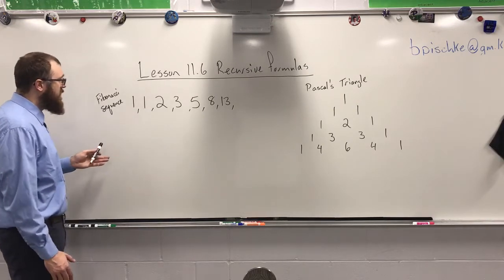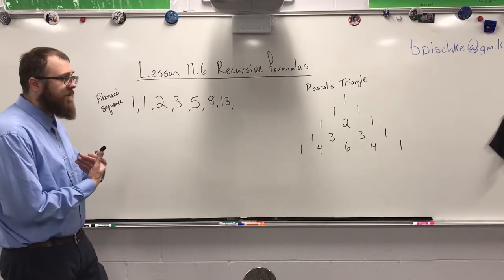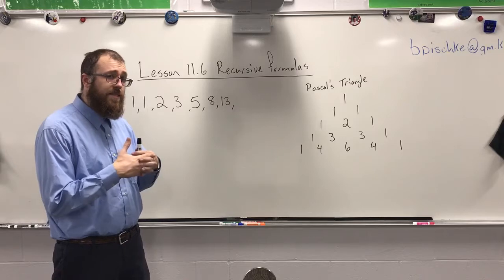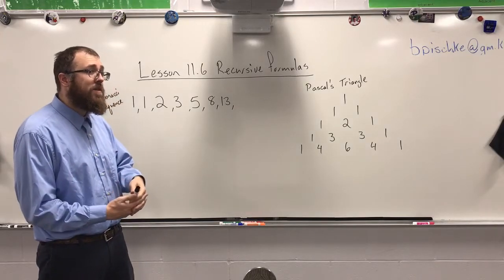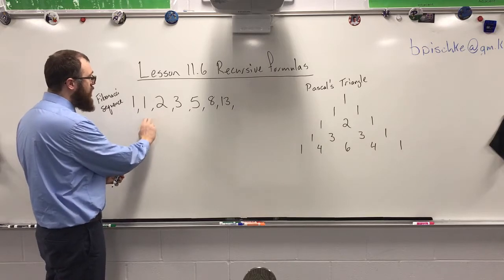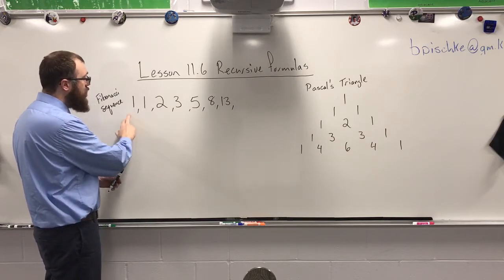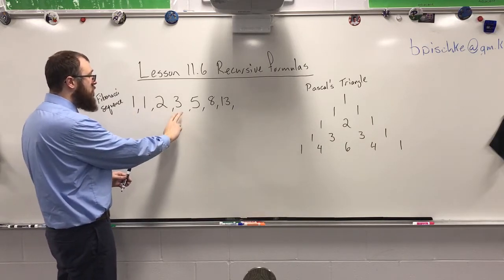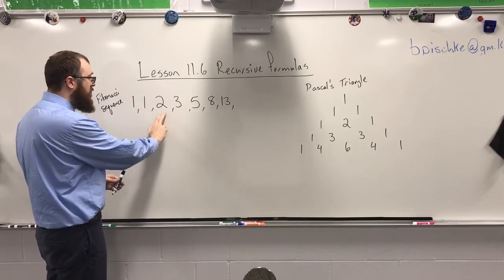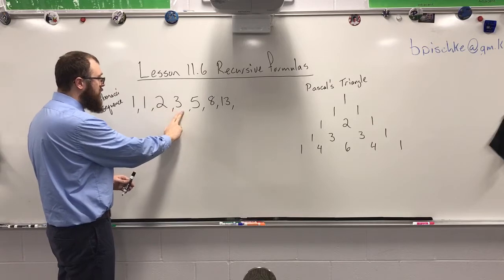Fibonacci's sequence is a connected sequence. In other words, each new term is dependent on the previous two terms. To get term 3, you add term 1 and term 2. 1 plus 1 is 2. To get term 4, you add terms 2 and 3. 1 plus 2 is 3.